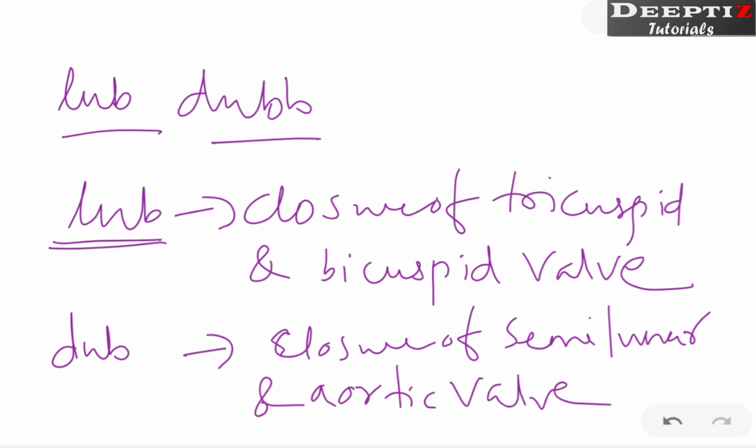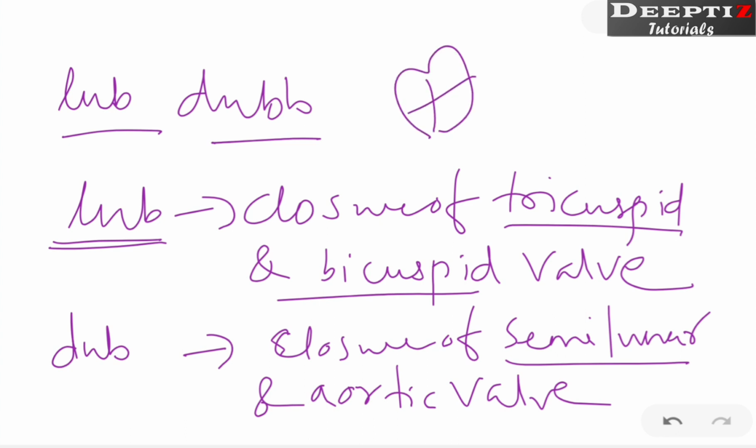We know where the semilunar valve and aortic valve are, right? The semilunar valve is also termed the pulmonary valve. If the heart is this way, we know that here are the bicuspid and tricuspid valves. When these two valves close, we listen to the first sound of the heart, that is lub.